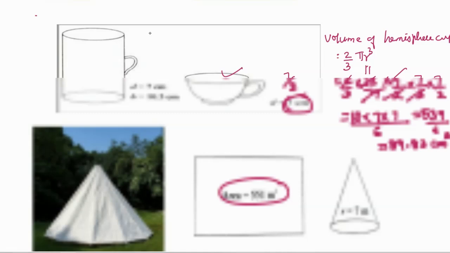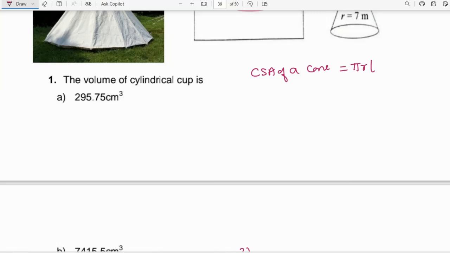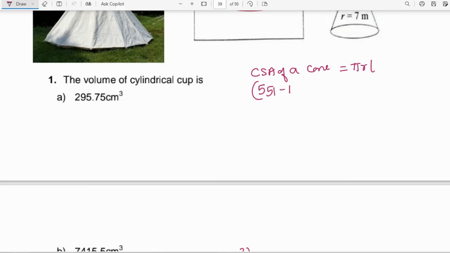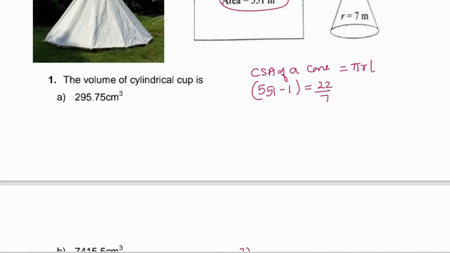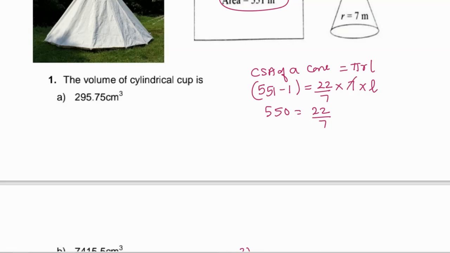So it will be curved surface area. So we have to write 551 minus 1 equals 22 by 7 into r is 7, and length we have to find. So here it will be 550 equals 22 by 7 into 7. 7 and 7 will get cancelled.